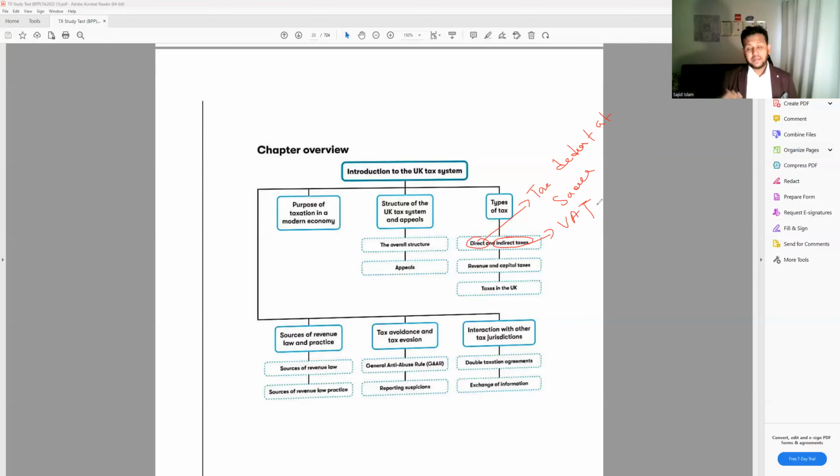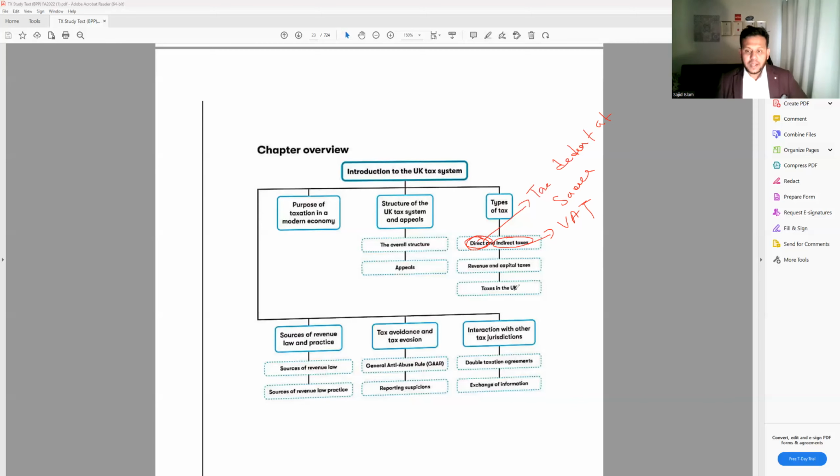For example, if the service is £100, I have to pay £120 because 20% will be the VAT. So this one, I'm paying myself. And the other one, the direct tax, they already deducted from my salary. That's the difference. So if the tax is deducted at source, we call it direct tax. And if I receive the money and after that I pay the tax, because every time I spend, they'll charge me 20% VAT, that's called indirect tax. In the other form, we can call it VAT, it is the same thing.